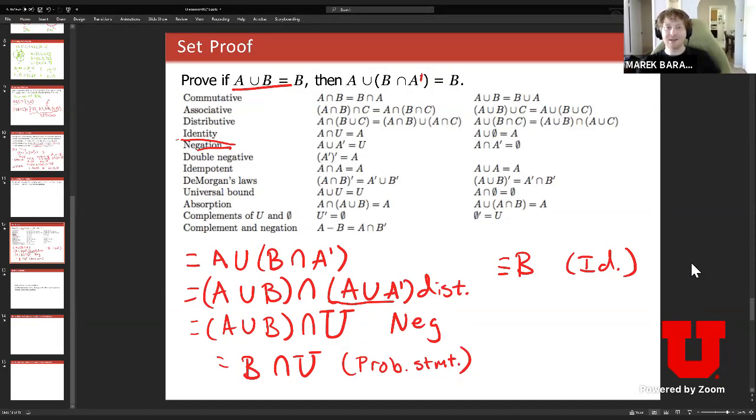Yeah, so A is a subset. It definitely could be equal, but it could also be a gotcha. It could be contained in but not equal. Any more questions?